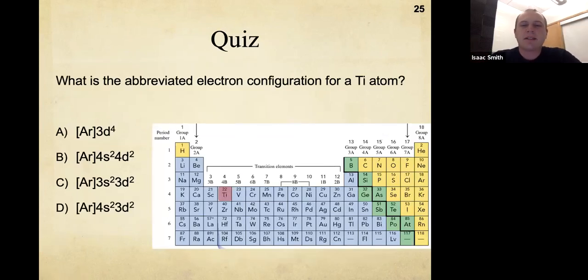Okay, so we talked about the electron configuration for titanium. Let's do it again.